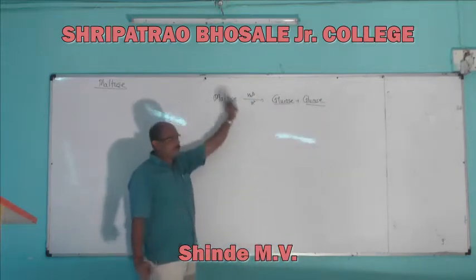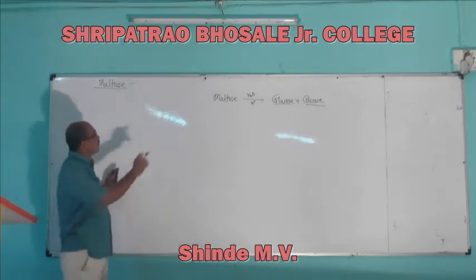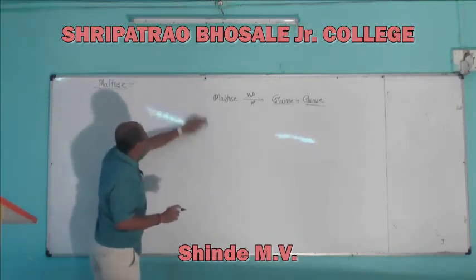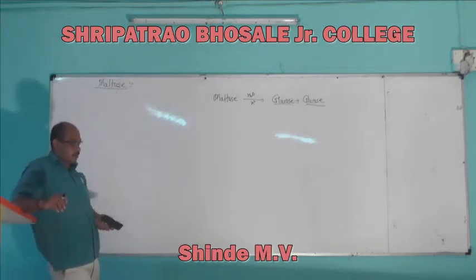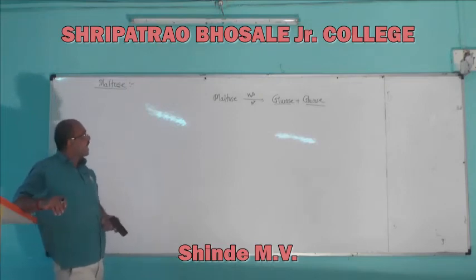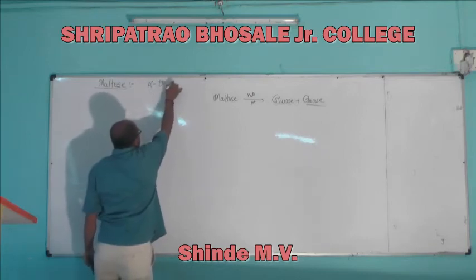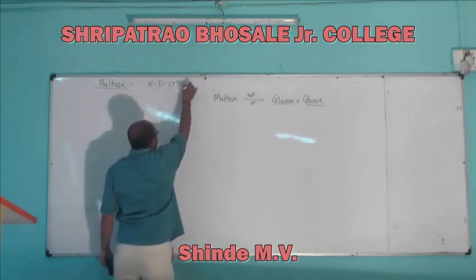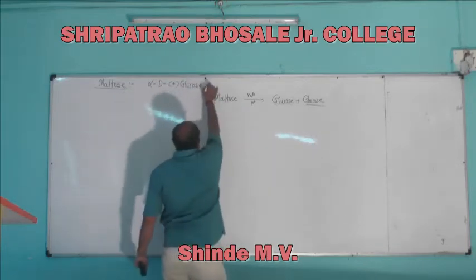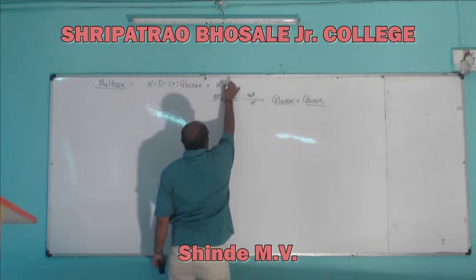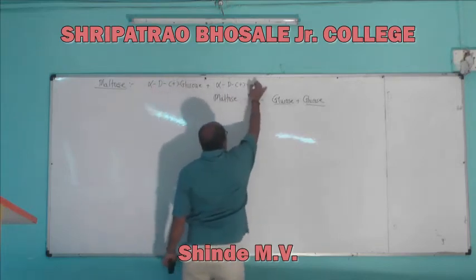This disaccharide is a combination of two monosaccharide units of alpha D glucose. It has a combination of two molecules of alpha D glucose.